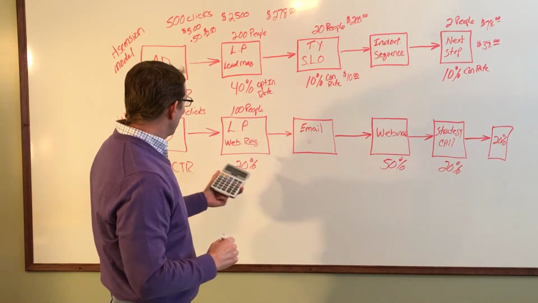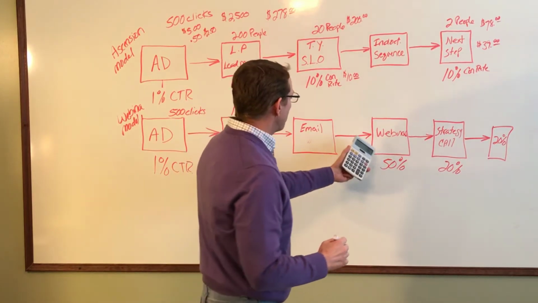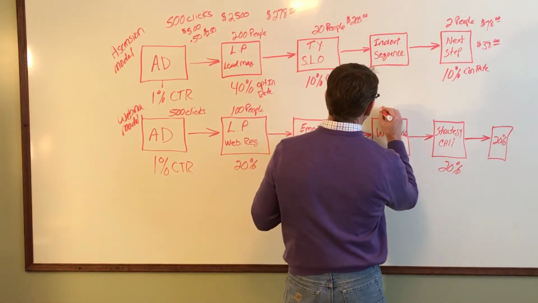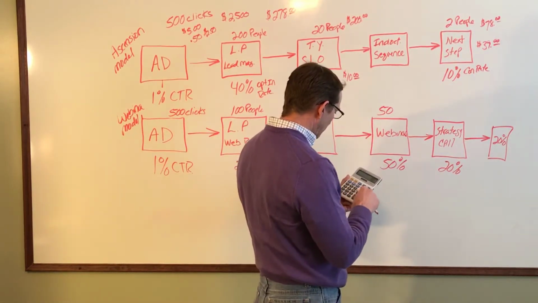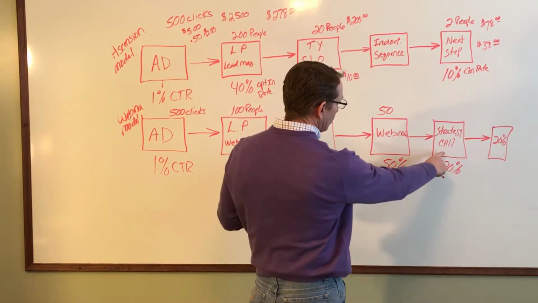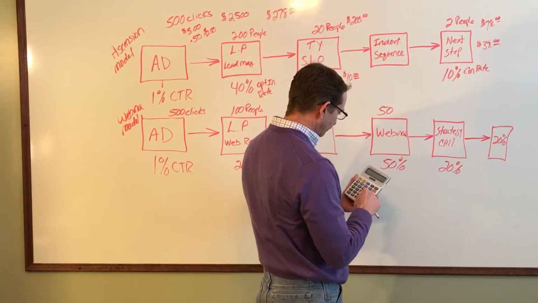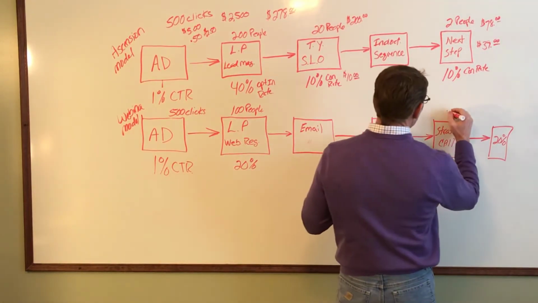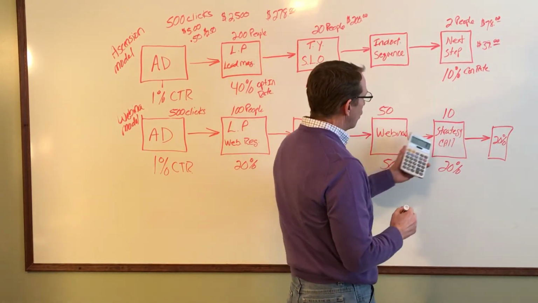Okay? Now, you have 50% of the people that get to this webinar. That means that you're only getting 50 people here. Okay? If you take 20% of 50, which is your strategy call, right? That's only 10 people that get on a call with you.